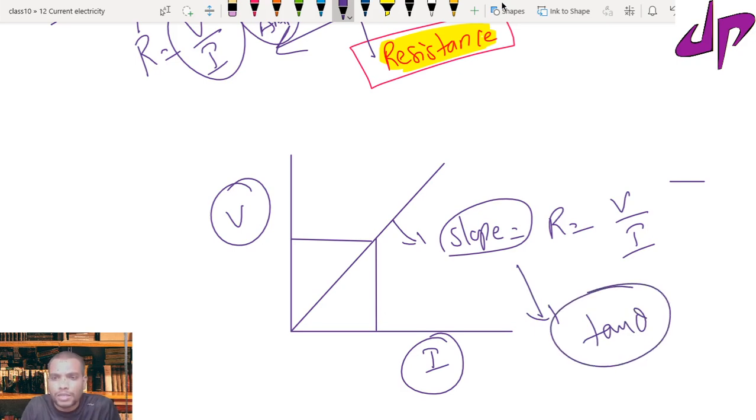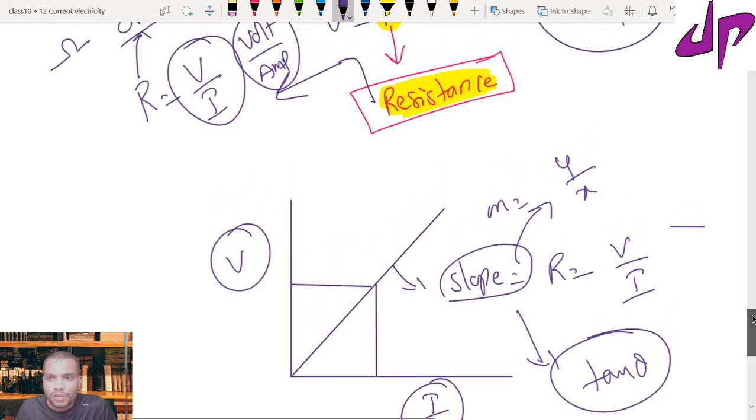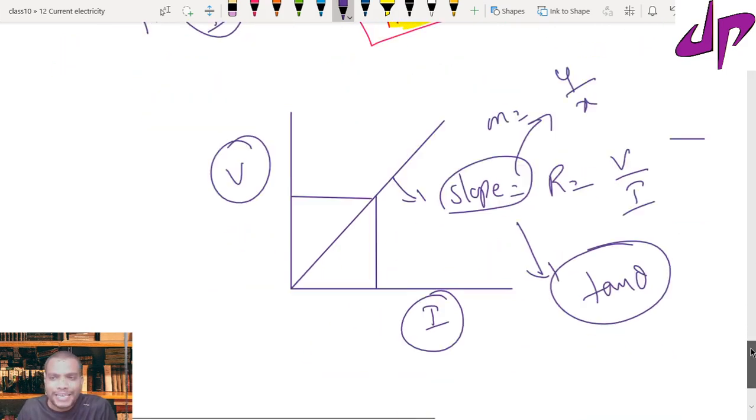So slope equals y by x. This is the concept of Ohm's law, and Ohm's law gives the relation between the voltage and current.